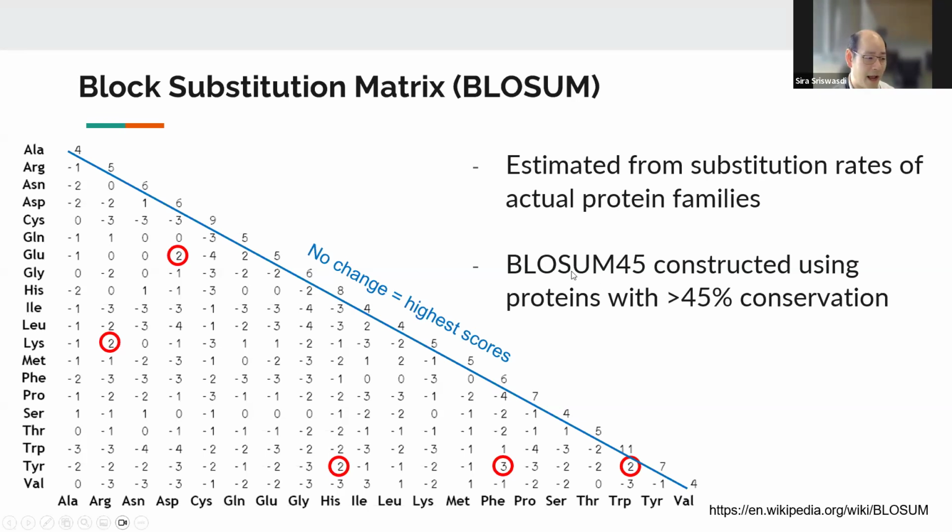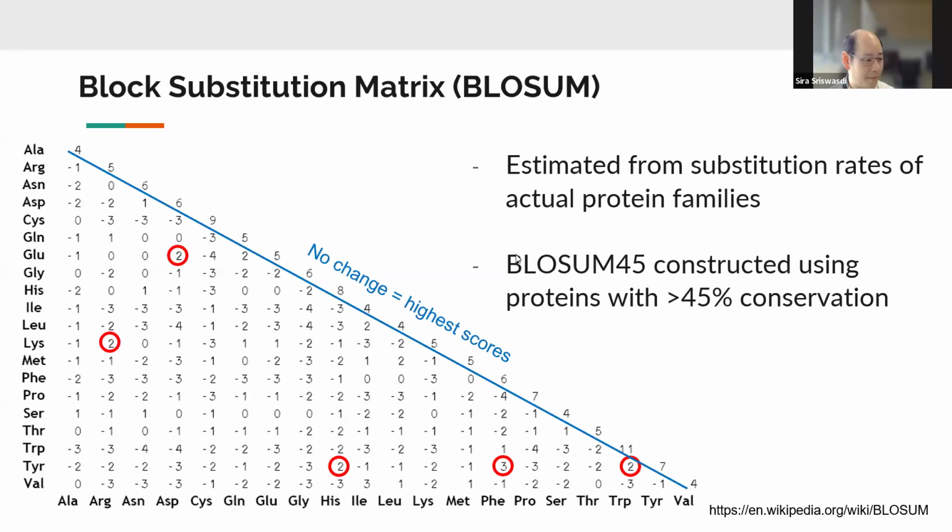And you see names like BLOSUM, which stands for block substitution matrix. So it's just a matrix of the scores between two amino acids. And you will see numbers following, like BLOSUM 45, BLOSUM 80, BLOSUM 60. This tells you how they constructed the matrix. BLOSUM 45 is constructed using proteins with at least 45% conservation.